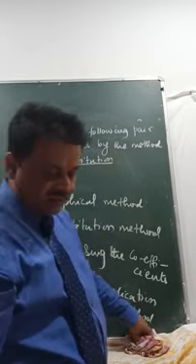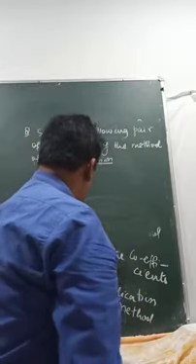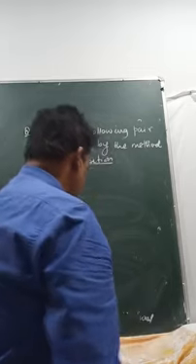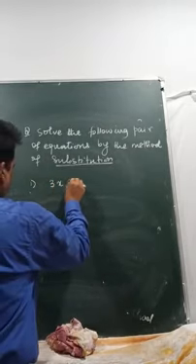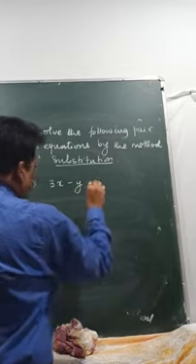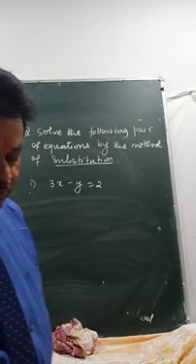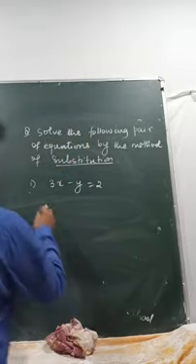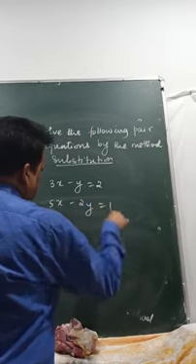Suppose our first question is 3x minus y equals to 2, and the second equation is 5x minus 2y equals to 1.